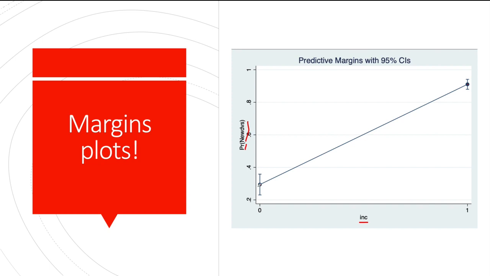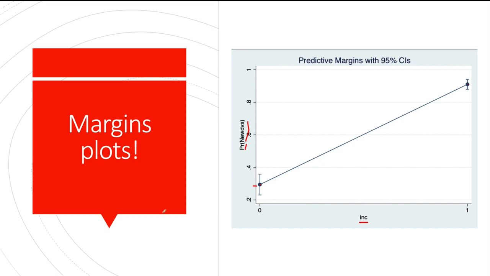So the likelihood of a strong win, right? The likelihood of something occurring in that dependent variable, in this case, is down here somewhere around 30%. 0.3. And when incumbency is at 1, it goes to right about here, which is about 90%. So when it's going to that particular higher value, okay?